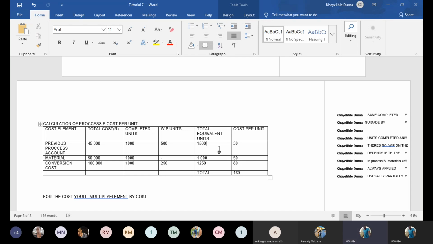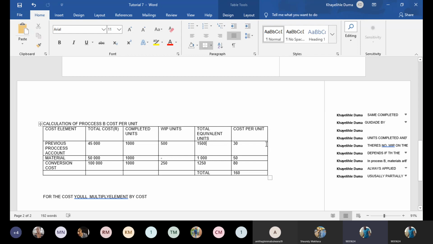So on process account A, the first one, you cannot have a previous process entry because it's the first one, but you can have the opening work in process, because it happens that you did not finish the previous time, and when you come to this time, you have to use it as the opening. But those are complex issues.